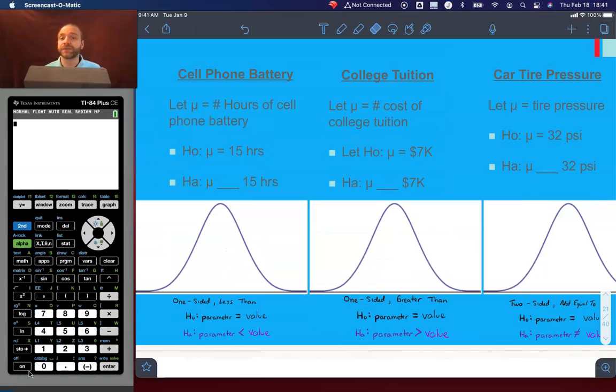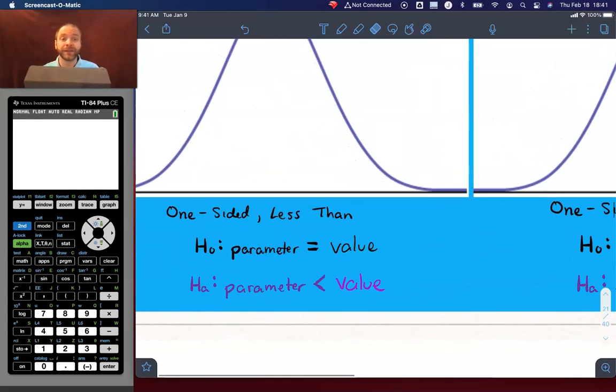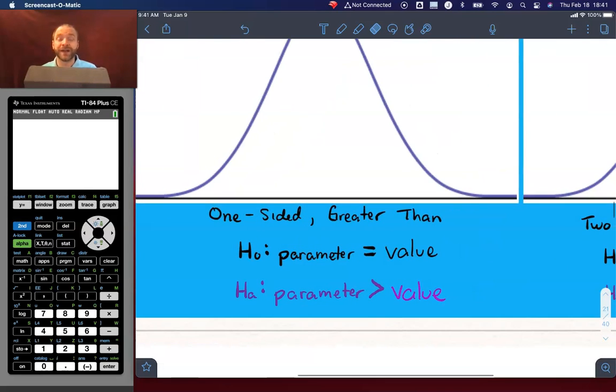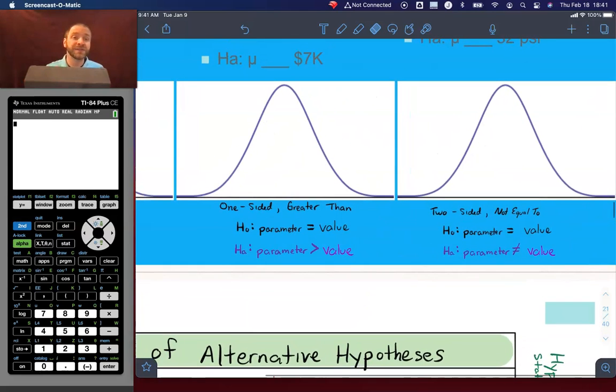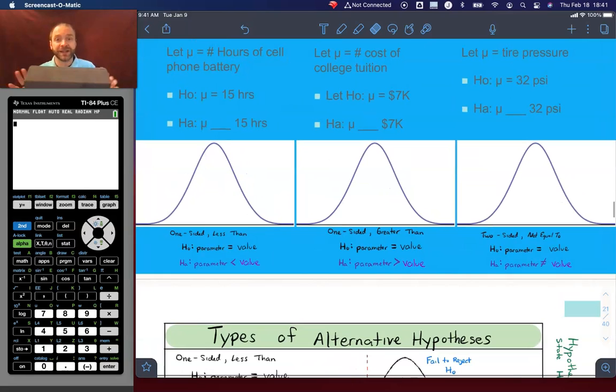We're going to use these three distributions based off of cell phone battery life, college tuition, and car tire pressure. The three types of alternative hypotheses are a one-sided less than, where your parameter is less than the value, a one-sided greater than, where your parameter is greater than the value, or a two-sided not equal to, where your parameter is not equal to the value. We're going to look at these based off of these scenarios.